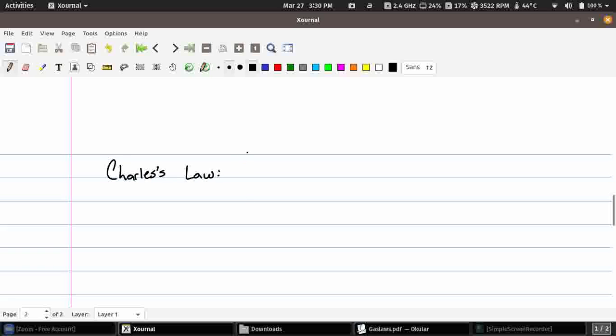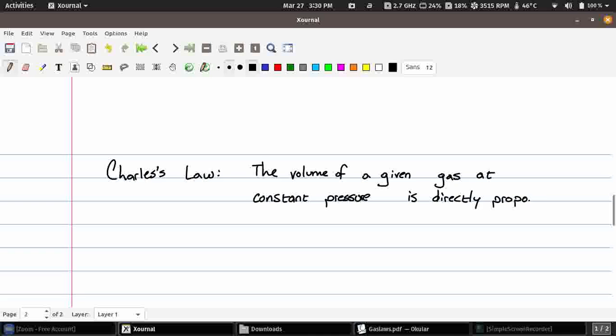Charles's law states that the volume of a given gas at constant pressure, that means it stays the same, is directly proportional to its temperature.